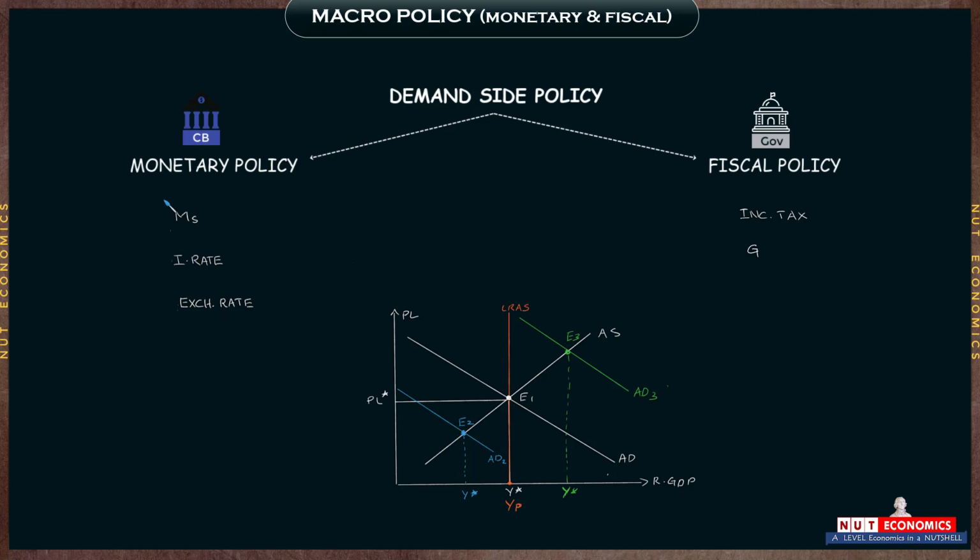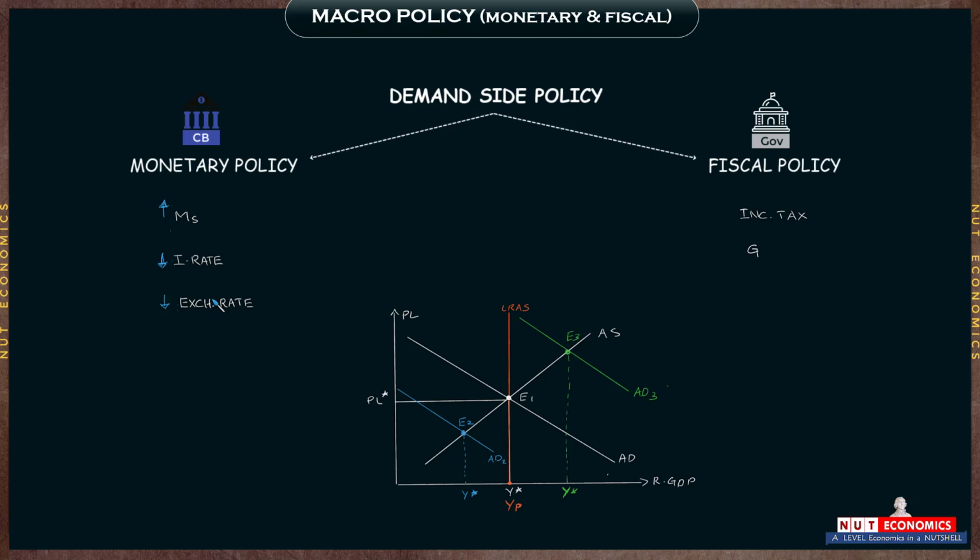As far as monetary policy is concerned, if you want to change these variables in order to cause an increase in aggregate demand, you will have to increase the money supply, you will have to lower the interest rate, which would help increase the investment component of your aggregate demand, and you will have to depreciate your country's exchange rate, and that will give a boost to the net export component of your aggregate demand. Now, we have already learned in detail how each of these variables can shift your aggregate demand either to the right or left.